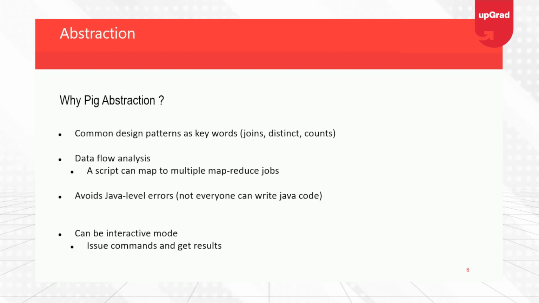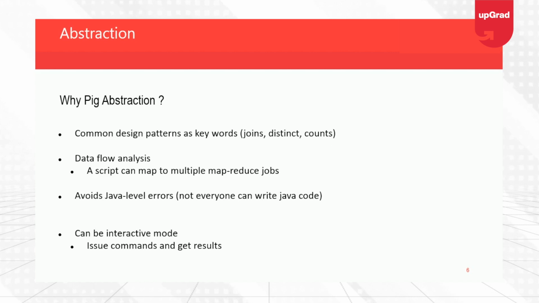On the other hand, Pig also improves developers' productivity. Let's say 10 lines of Pig Latin are equal to 200 lines of Java code. What takes 4 hours to write in Java takes about 15 minutes in Pig Latin. So that is the efficiency of Pig Latin.